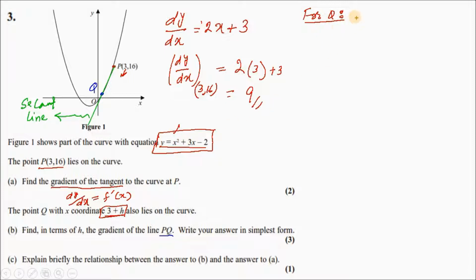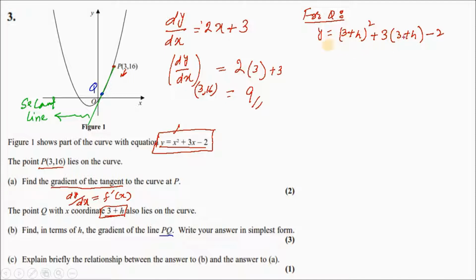So y is equal to x squared, which is (3 plus h) squared, plus 3x, and x is 3 plus h, minus 2. And we need to simplify this whole equation, which gives y in terms of h.